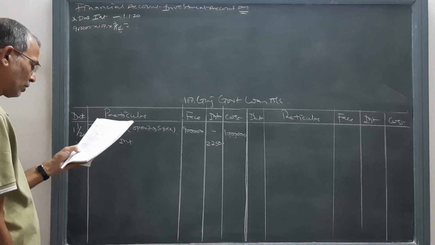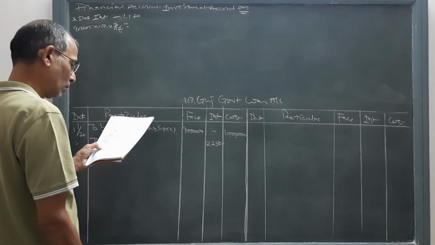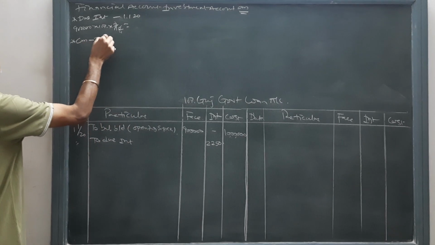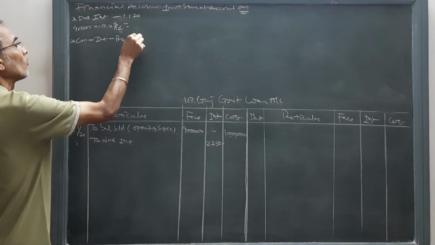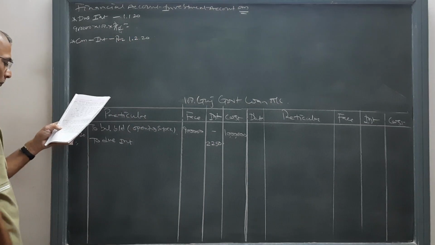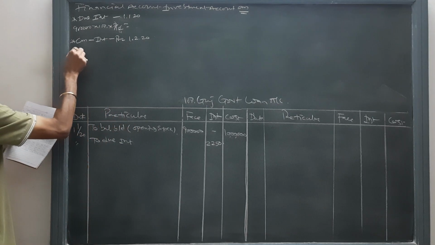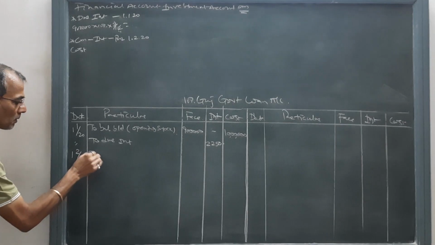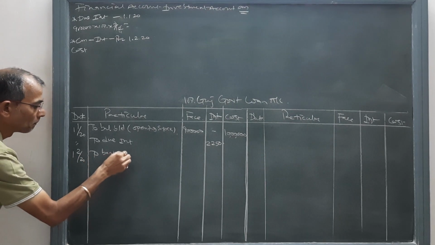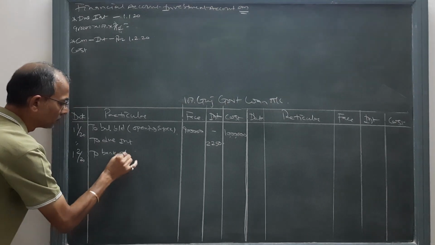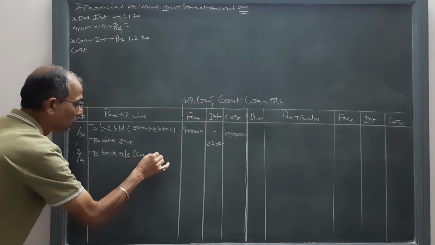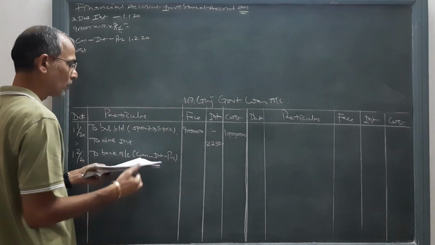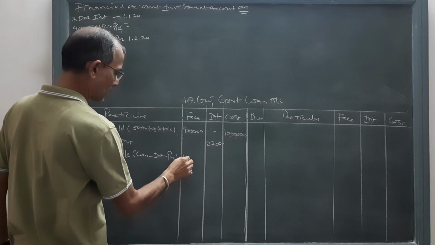Then the first transaction is on 1st February, cum interest purchase. On 1/2/20, to bank account, cum interest purchase, it is face value or nominal value being 12 lakh.